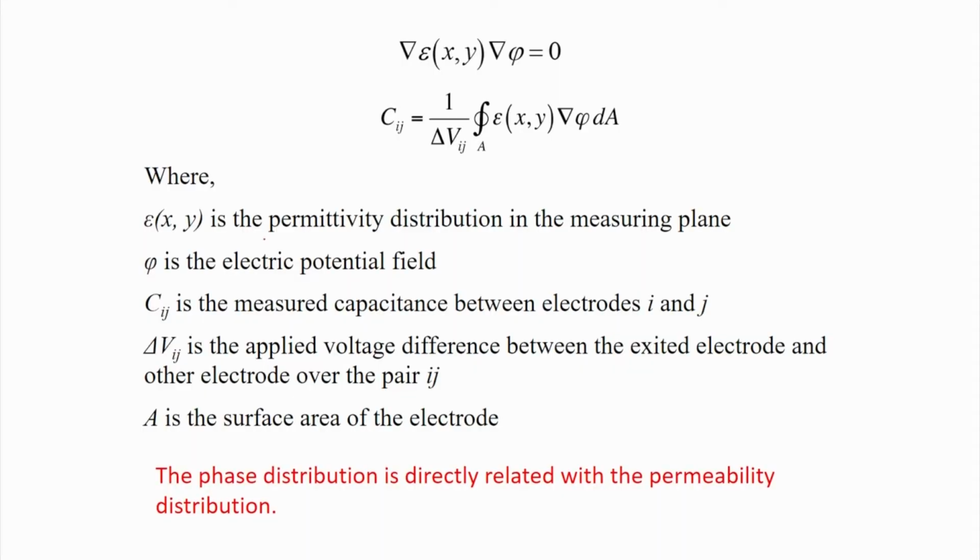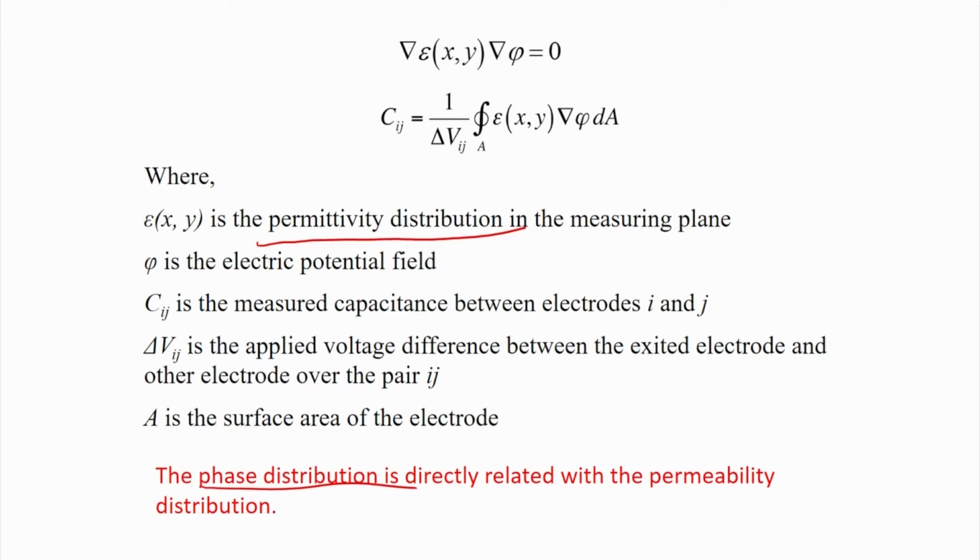So, how do we calculate the volume fraction? Actually what we do, we calculate the permittivity distribution, not permeability, permittivity distribution, and that permittivity distribution is directly proportional to the phase distribution. So, that permittivity distribution can be said to be the phase distribution.